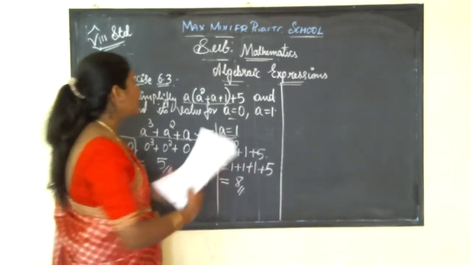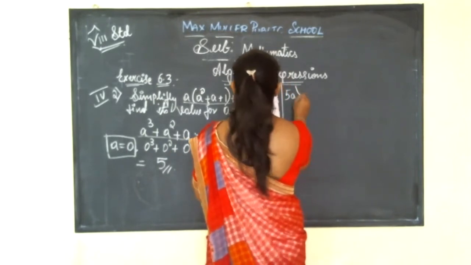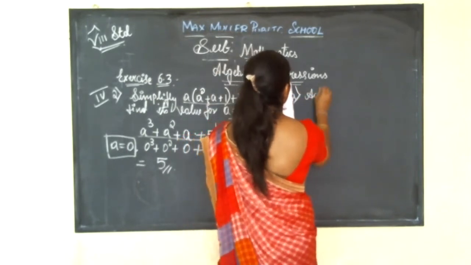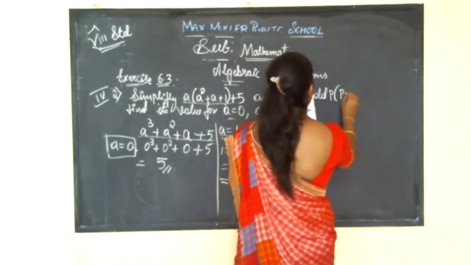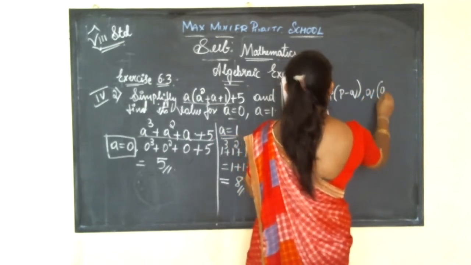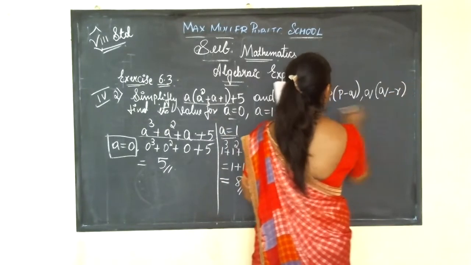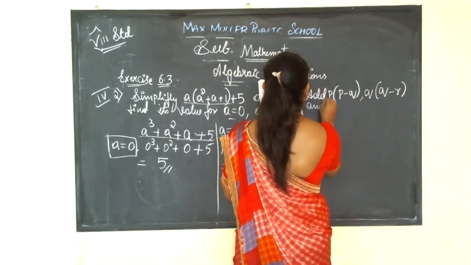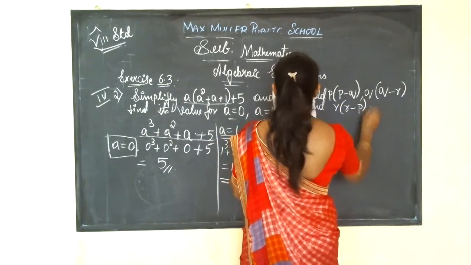Now, coming to the next problem. Add p into (p minus q), q into (q minus r) and r into (r minus p).